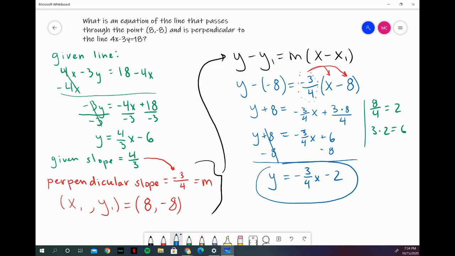And now I have the equation of a line that is perpendicular to the given line. I know it's perpendicular because my slope is the negative reciprocal of the given slope. And I plugged in this point, so I know it passes through that point. Now we're done.